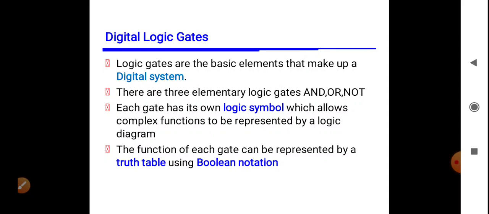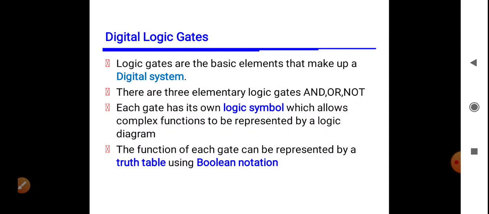Before going for the logic gate, the first thing is we should know what is meant by logic. Logic represents the corresponding voltage value of a particular signal, either high or low.